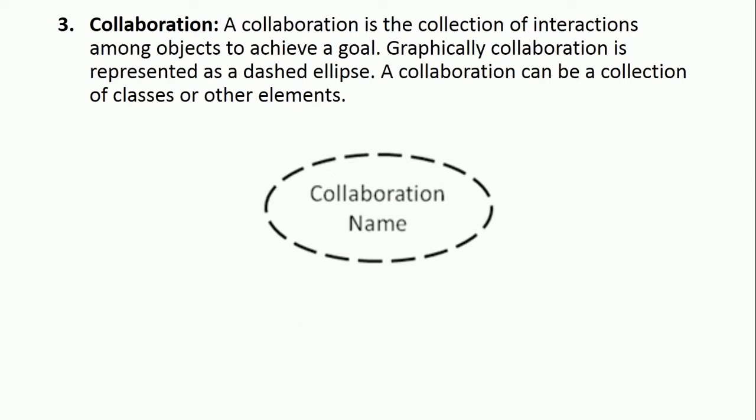Graphically, collaboration is represented as a dashed ellipse. A collaboration can be a collection of classes or other elements. So we can say that collaboration extends both the behaviored classifier and the structured classifier.